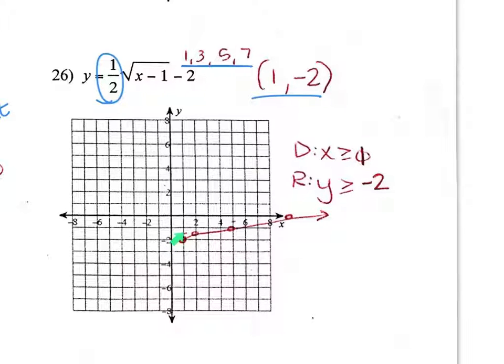And then I'm going to go up 1/2 over 1, up 1/2 over 3, up 1/2 over 5, up 1/2 over 7. And then I need to name my domain and range. It does not go both directions, so it cannot be all real numbers. So because I'm going to the right, this is going to be x is greater than. And because I'm going up, it's going to be y is greater than. Remember, that all has to do with kind of the direction the pattern is going, not where you're starting.